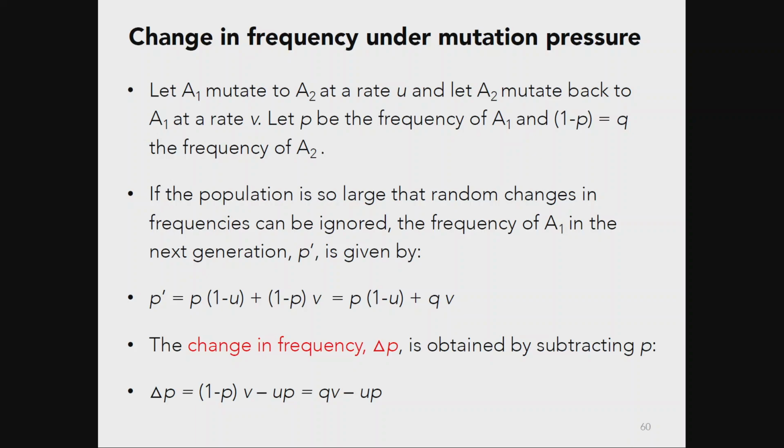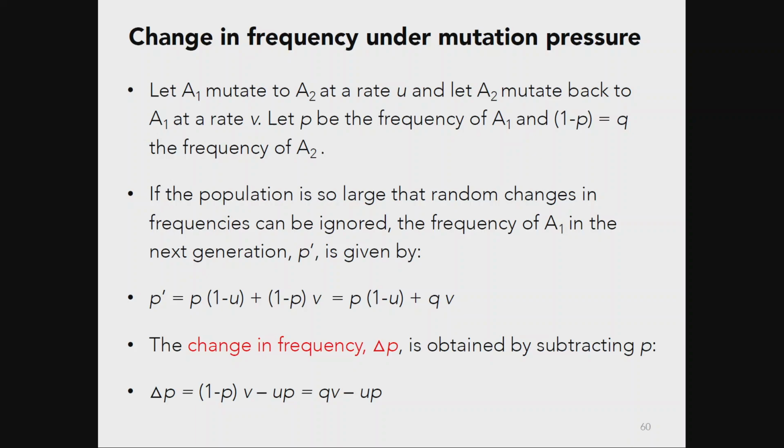Because they can mutate from A2 into A1, right? So I get this expression here. And if we do the algebra, we can calculate the change in frequency, delta P, by subtracting: P prime minus P gives me delta P.